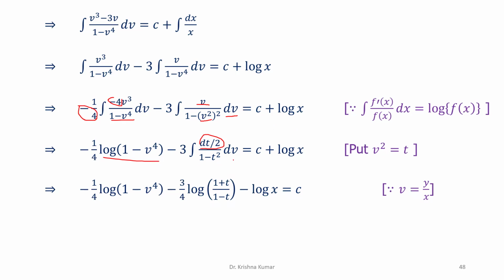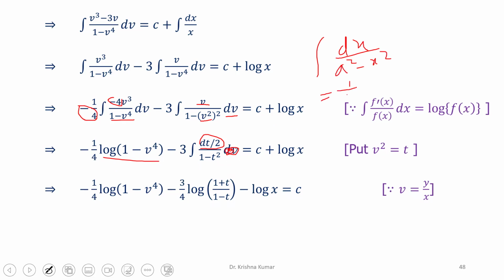upon 1 minus t square, with respect to t, which is equal to c plus log x. And now here, minus 1 by 4 log of 1 minus v to the power 4, minus 3 by 4, because the integration of dx upon a square minus x square is equal to 1 upon 2a log of (a plus x) upon (a minus x).